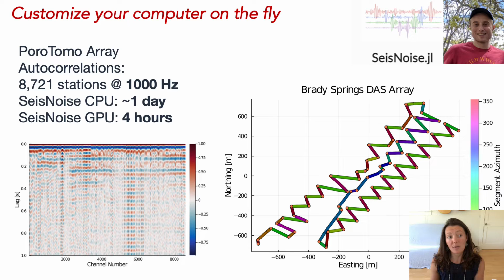For 1 day of data, he managed to compute all of these correlations in 1 day on the CPU on a single instance, but only 4 hours on the GPU. This is the kind of flexibility in the hardware: if you have a bit of money and no time, you spend on the GPU, but if you have no money and time, you just go for the CPU.